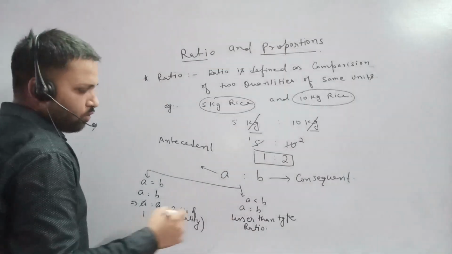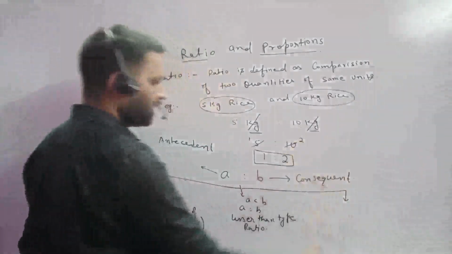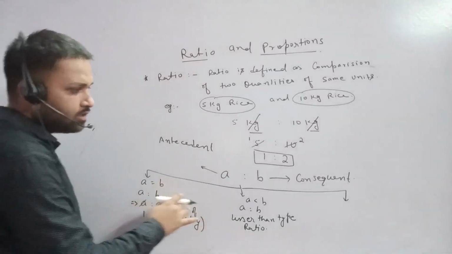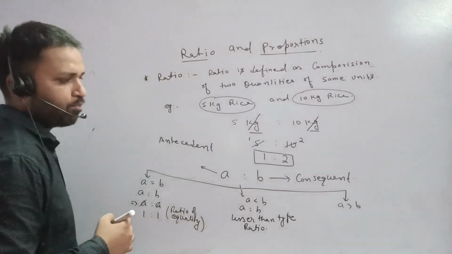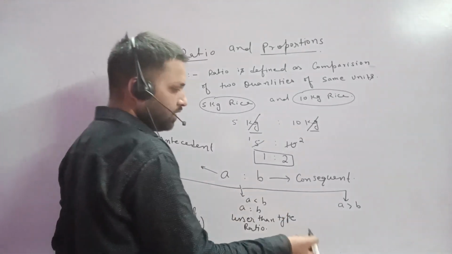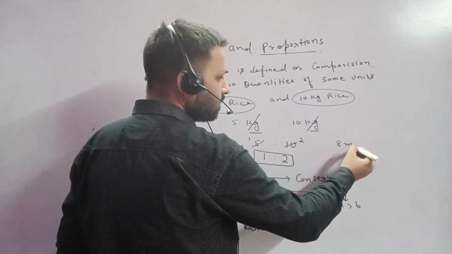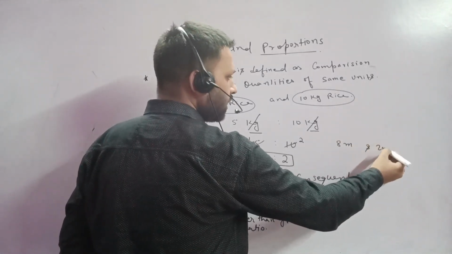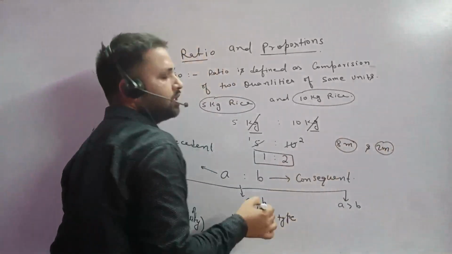Now we go to the third case: A is greater than B. Take an example. Let 8 meter and 2 meter. The first quantity is 8 meter and the second quantity is 2 meter.